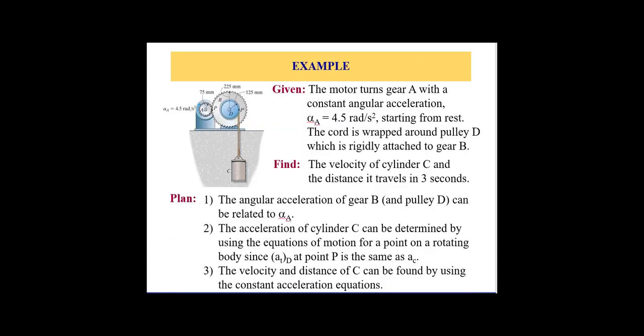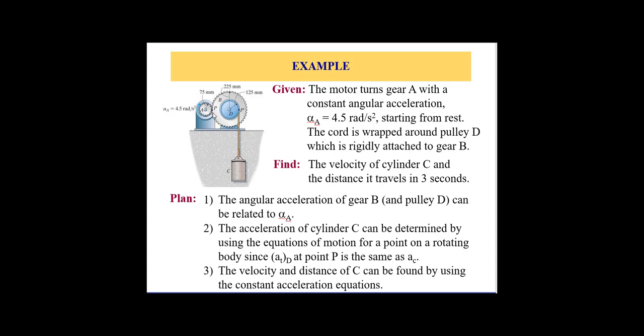Okay, let's take an example. We have here a motor that turns gear A. There is a motor attached to gear A, and this motor rotates at a constant angular acceleration of 4.5 radians per second squared, starting from rest.